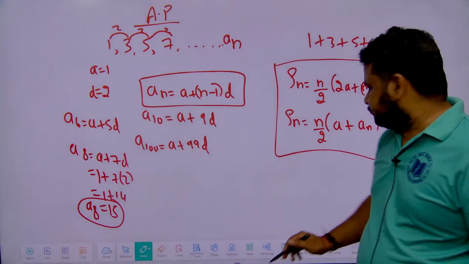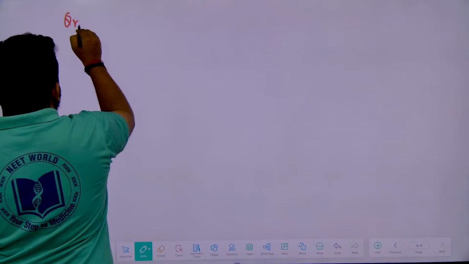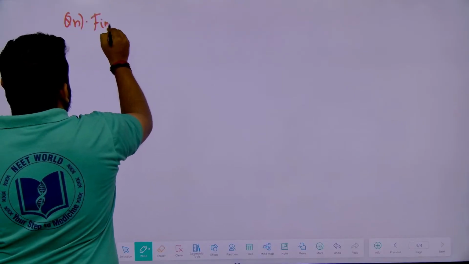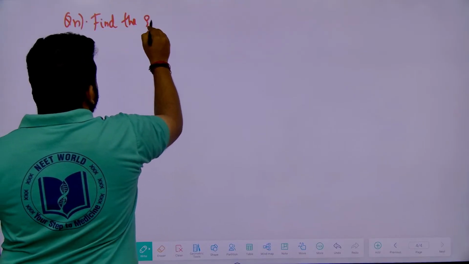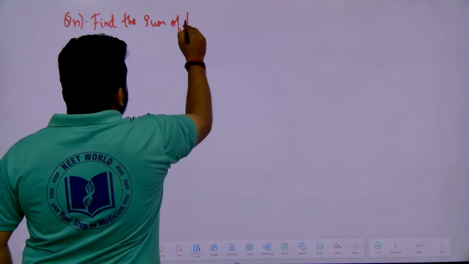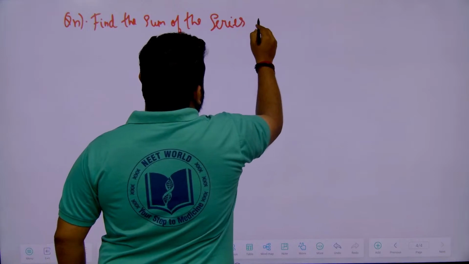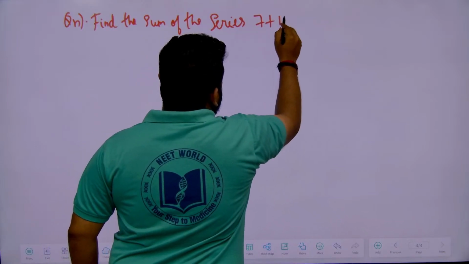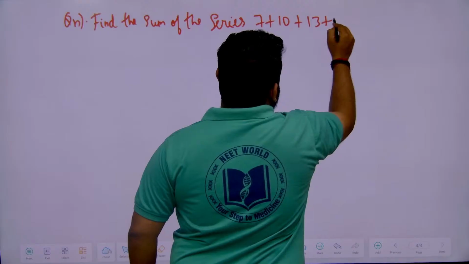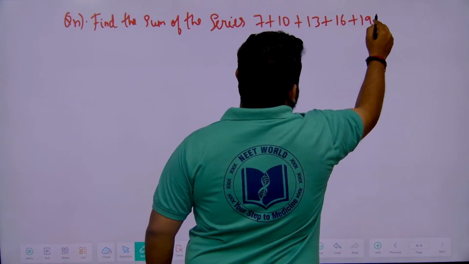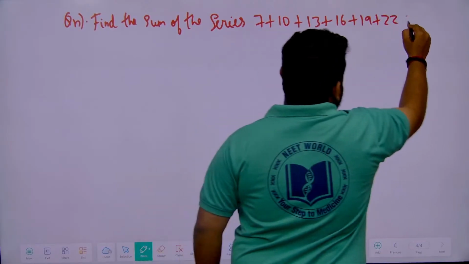They have given the question. Find the sum of the series 7 plus 10 plus 13 plus 16 plus 19 plus 22 plus 25.